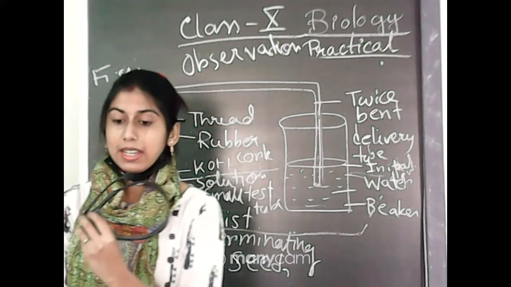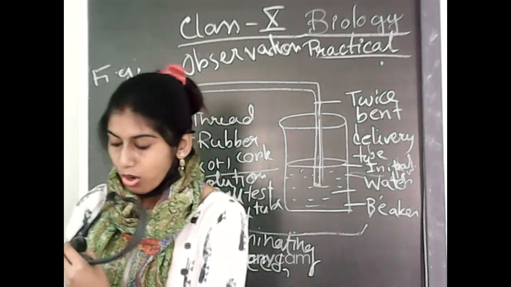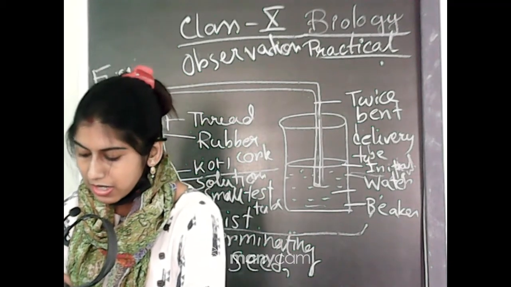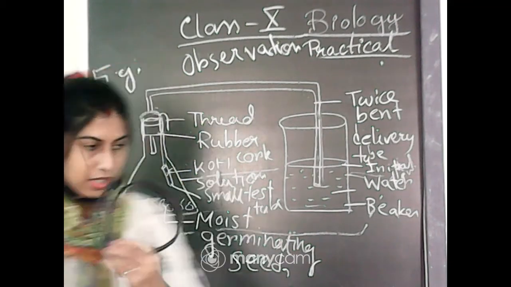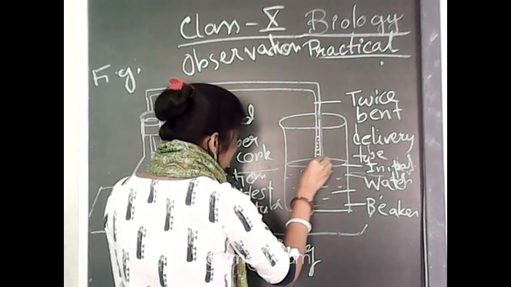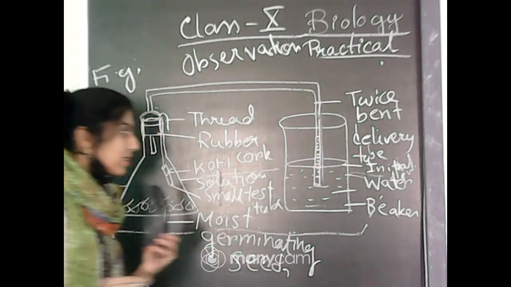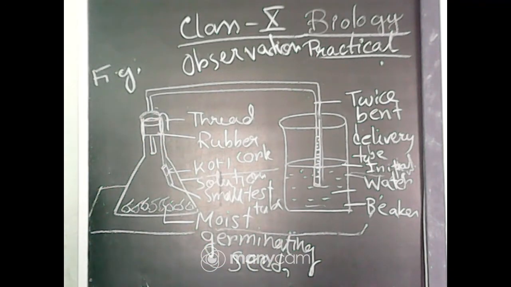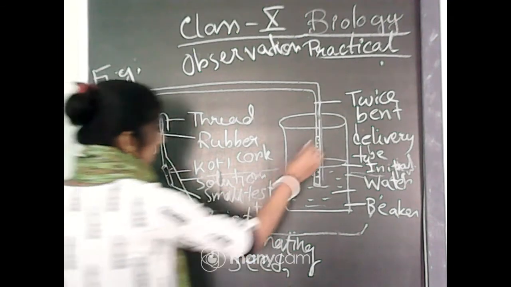Then again you have to draw the same diagram, but with a slight change. In the next diagram you have to draw some water inside the bent tube, like this.